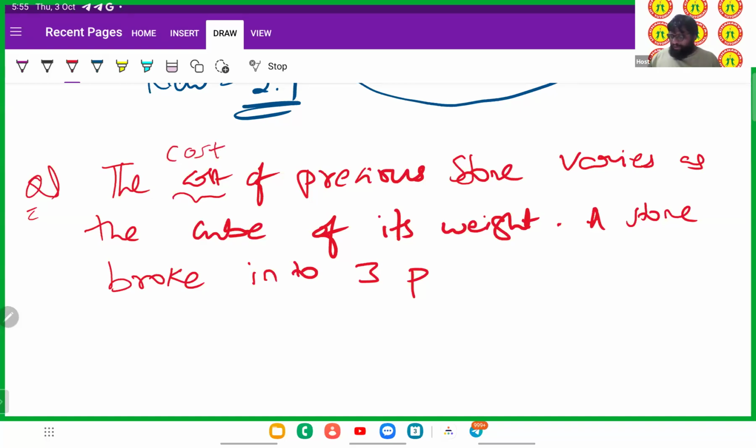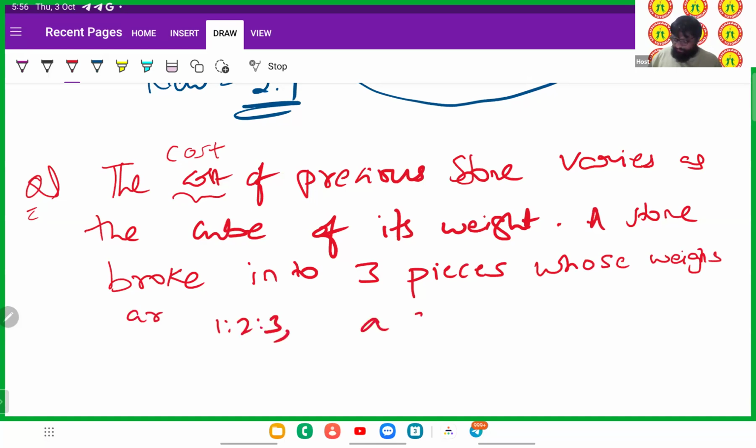The cost of a precious stone varies as the cube of its weight. A stone is broken into three pieces whose weights are in the ratio 1:2:3.